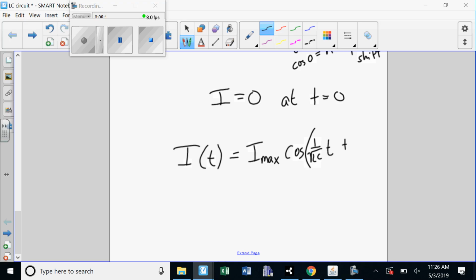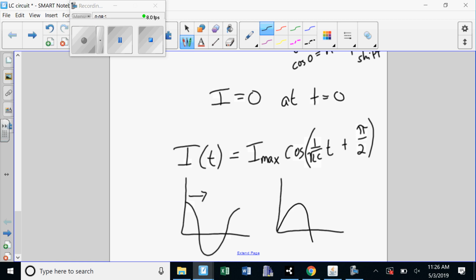And how do I make a cosine look like a sine? Well, I phase shift it by pi over 2. Cosine starts at 1, and I just move it over by pi over 2. And that makes a cosine look like a sine.